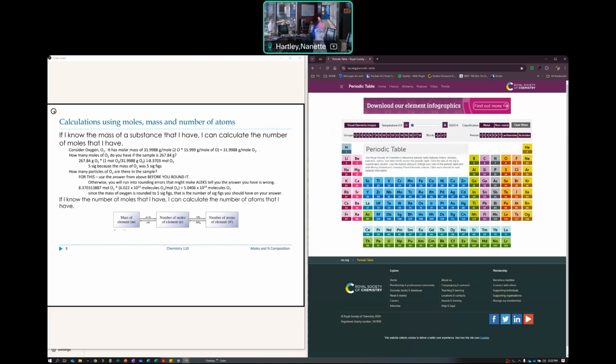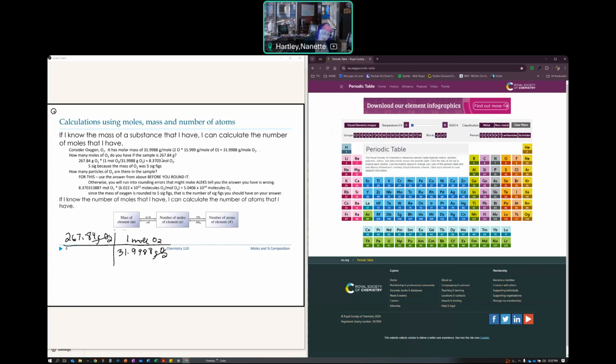I have a sample that's 267.84 grams of O2. I know that there are 31.9988 grams of O2 in 1 mole of O2.